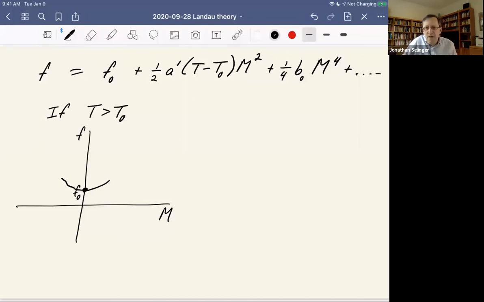And we can later get into the reasons why A prime is positive. But let's just assume for the moment that A prime is positive. Usually A prime is positive. So in that case, assuming A prime is positive, it looks like a parabola going up.